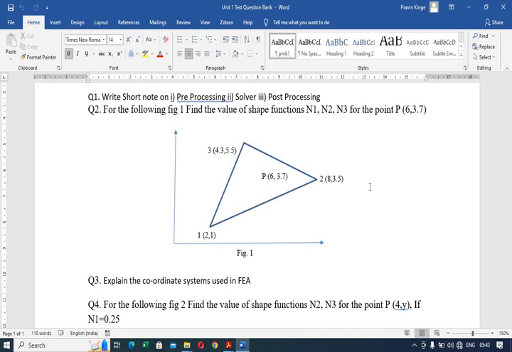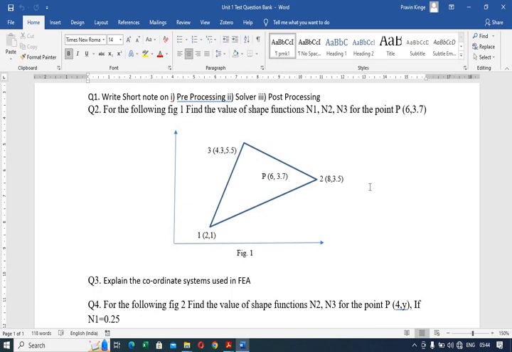So apart from the theory topics, only the numericals on the 1D bar, calculation of shape function for the 1D bar and the 2D triangular element, the numericals will be asked only on these two.